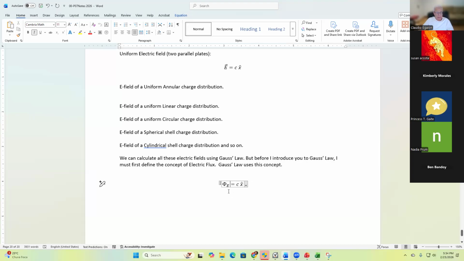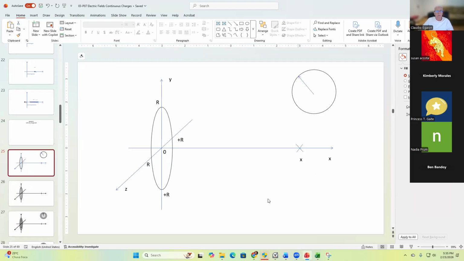And this electric flux is defined in terms of the electric field, in terms of an imaginary surface area, and the cosine of the angle between the electric field and the area vector of the surface. That's how we define, okay, for a uniform electric field, the electric flux is given by the following equation. So let me illustrate that for you.